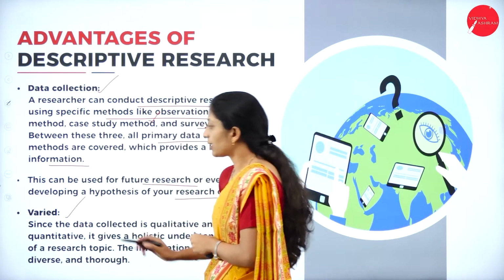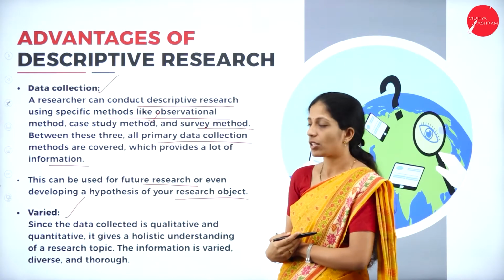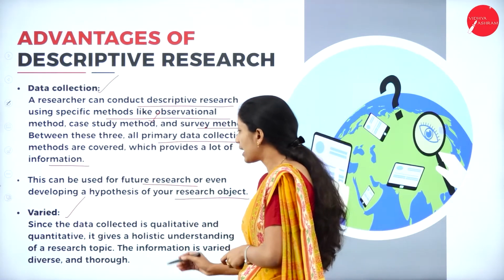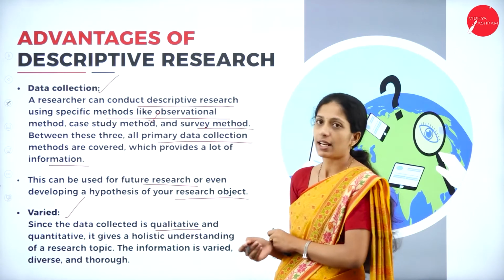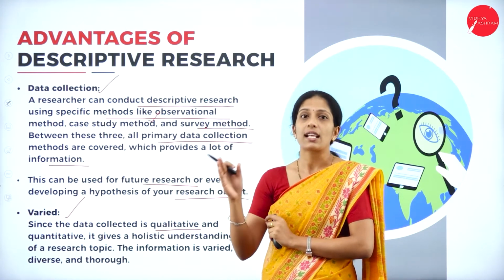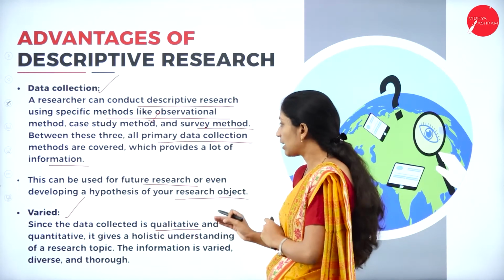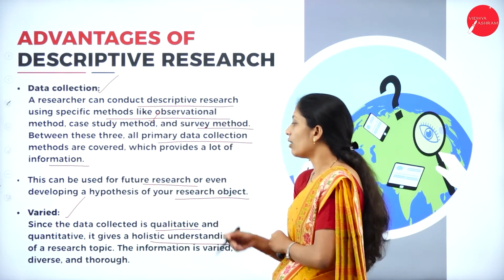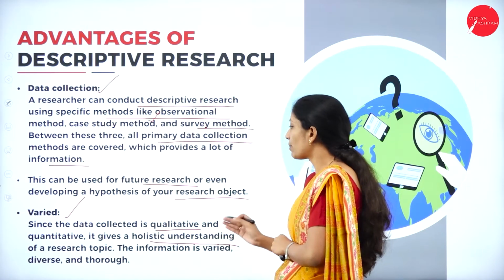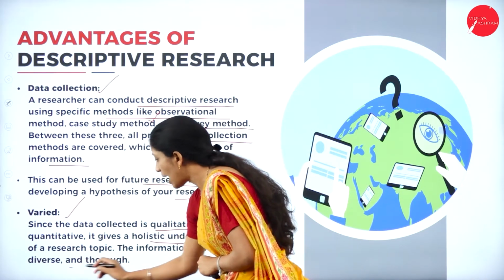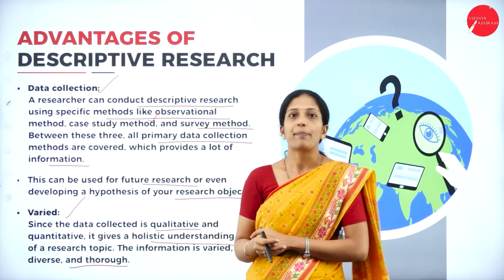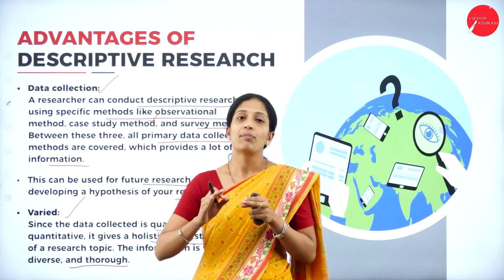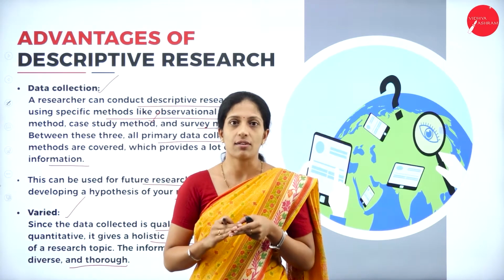The second advantage is that it is varied, since the data collected is qualitative and quantitative, it gives a holistic understanding of a research topic. The information is varied, diverse and thorough. Here they are going to give more importance to quantitative data.